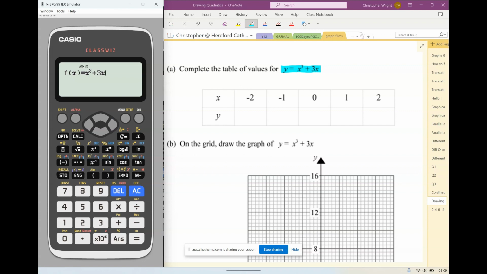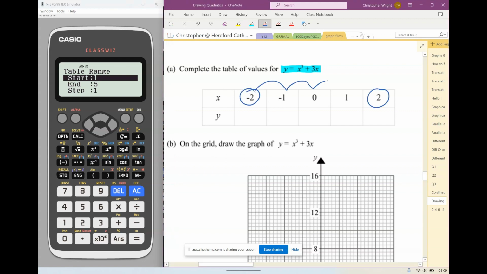Check you've written it correctly before you press equals. Now, my table here, I don't want the second function. My table is starting from -2, ending at 2, and it's going in steps of 1. So start -2 equals, end of 2 equals, and the step is 1 equals. And here are my y values.